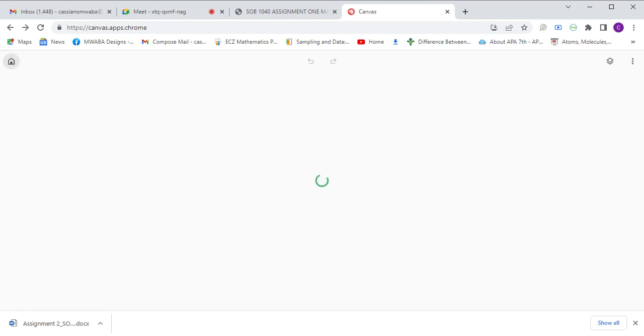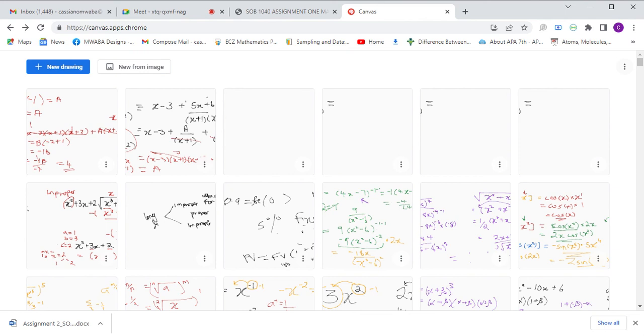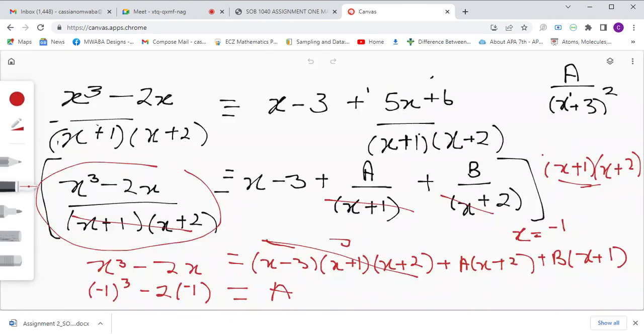So we go back to our expression earlier on. We're going to substitute the a and b values that we found, a and b here.